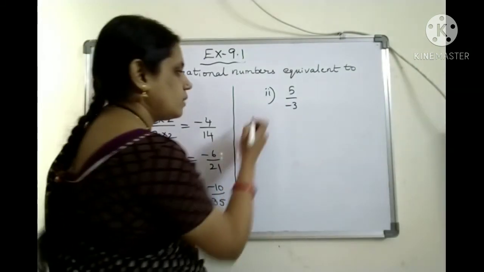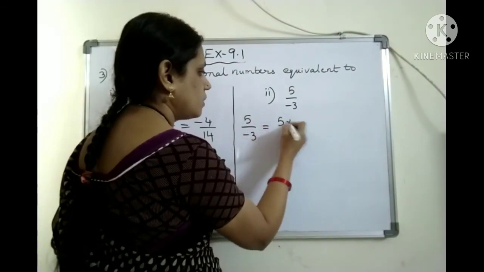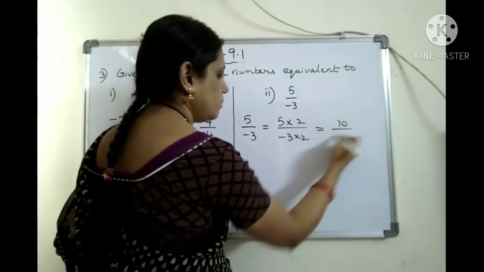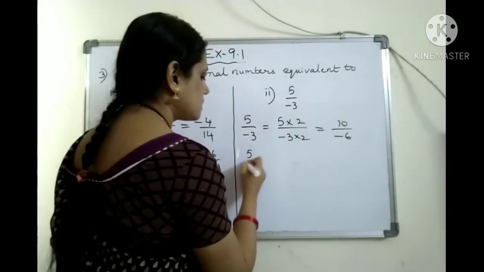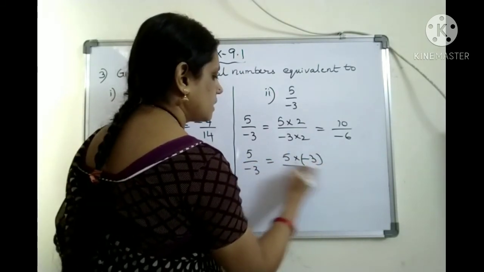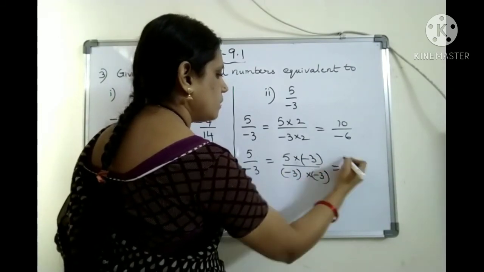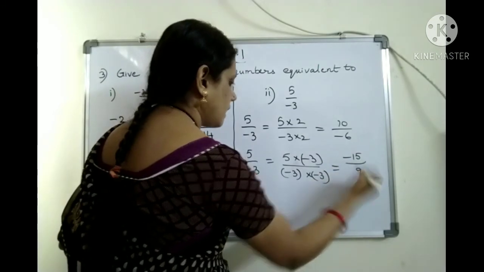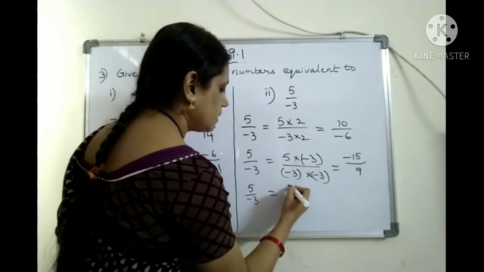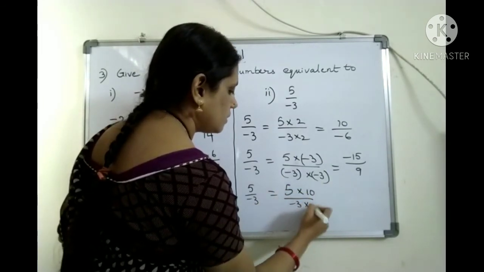Next one is 5 by minus 3. Here I want to take 2. Minus 3 into 2, that is 10 by minus 6. Next one, I want to take minus 3. Like this, any integer you can take. So now minus 15 by 9. Next one, I want to take 10. 5 into 10 by minus 3 into 10.